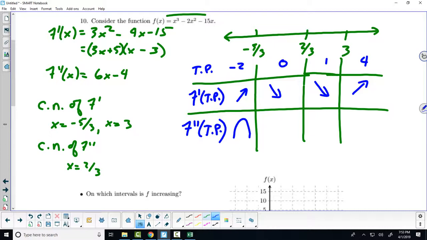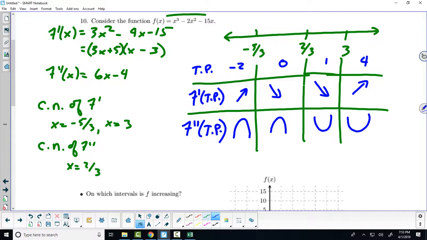Likewise, if I plug in 0 into the second derivative, it's still concave down. If I plug in 1, it would be concave up, and again for 4, it'd be concave up. So maybe you realize that there was a little bit of redundancy here, but it's okay. I don't think it was that difficult to evaluate those test points.